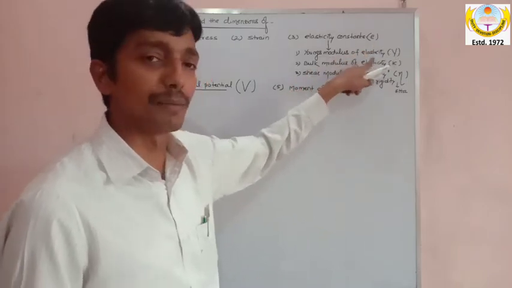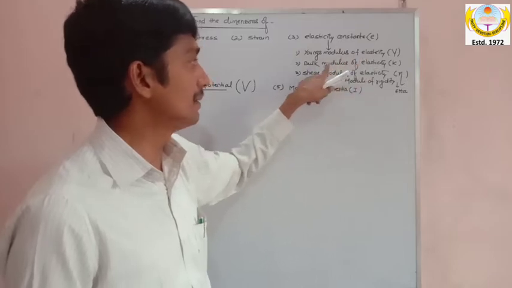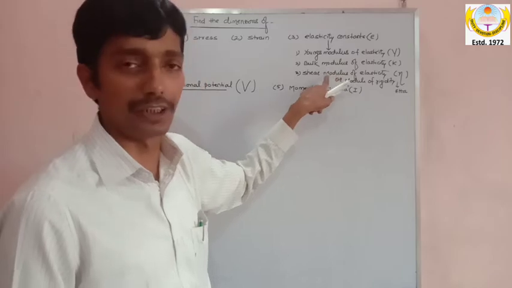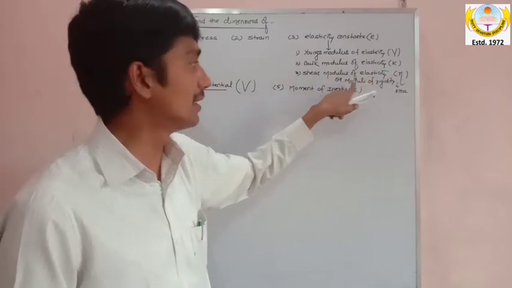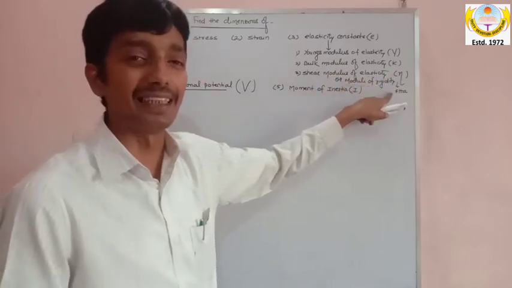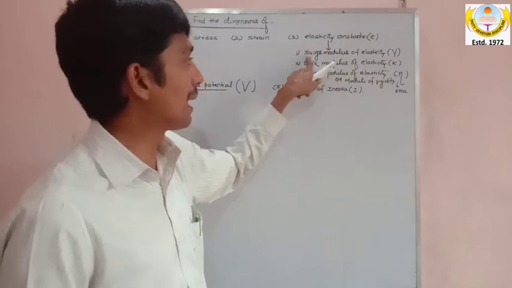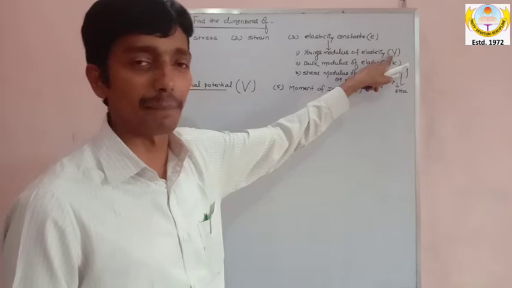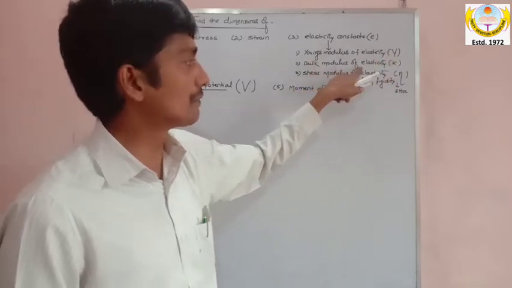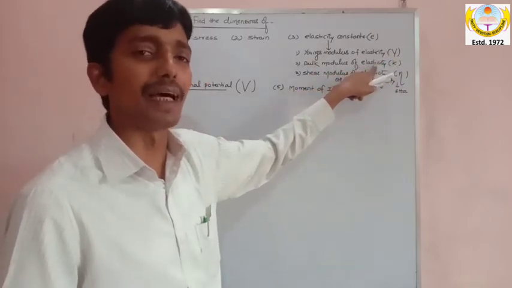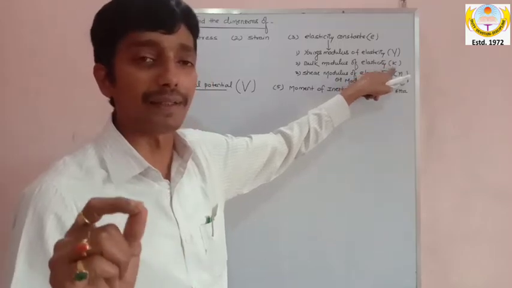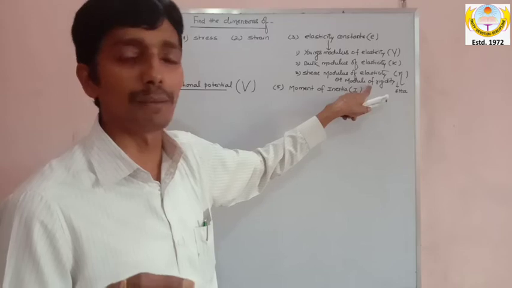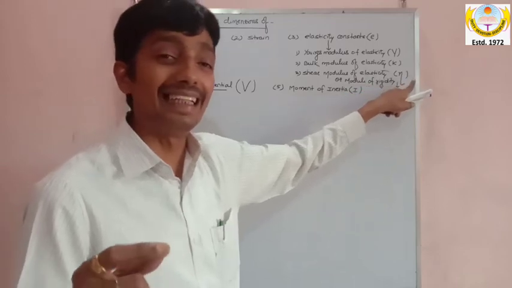One is called Young's modulus of elasticity, then bulk modulus of elasticity, and shear modulus of elasticity, or you can say modulus of rigidity. Young's starts with Y, and it is represented as capital Y. Bulk modulus of elasticity has a different abbreviation, denoted by capital K, and shear modulus of elasticity or modulus of rigidity is denoted by eta.